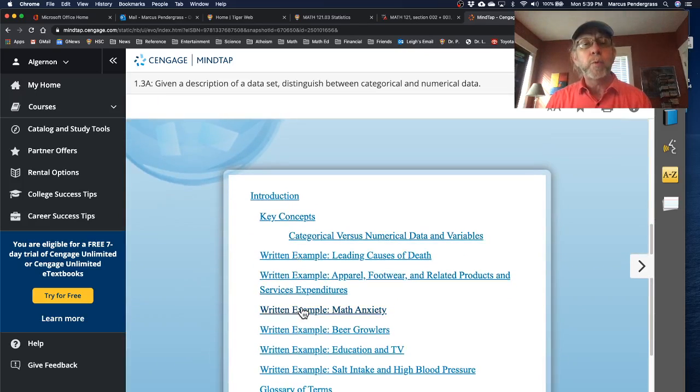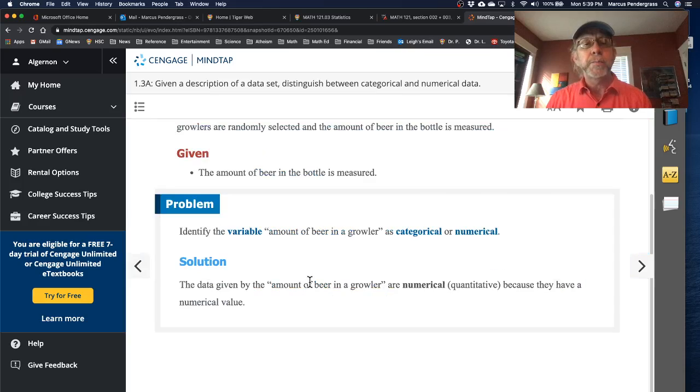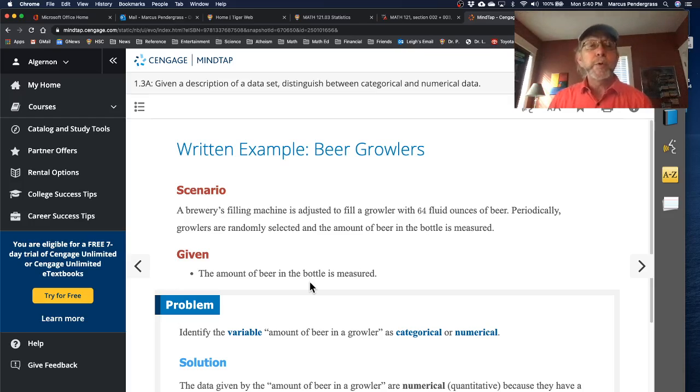There was one other I wanted to look at here. Let's look at beer growlers. A brewery's filling machine is adjusted to fill a growler with 64 fluid ounces of beer. Periodically, growlers are randomly selected and the amount of beer in each bottle is measured. This is for quality assurance, to make sure you're giving folks real close to 64 ounces.